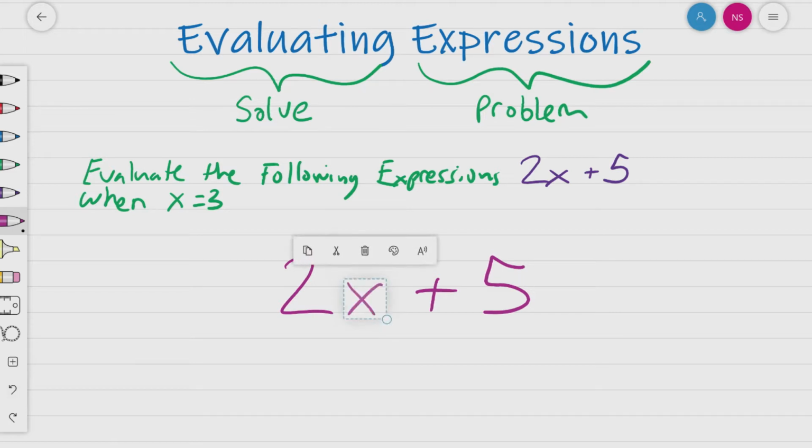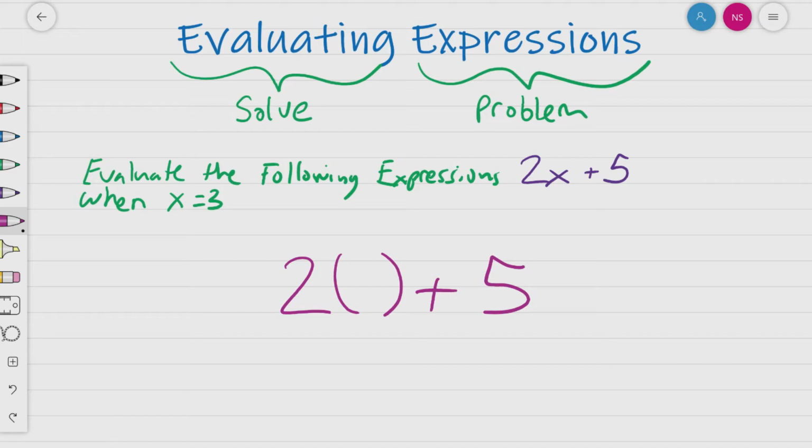If we go back, this is your very first rule you need to remember. When you go to substitute that x, let's do this instead. We can visually see. On your paper, you'll literally erase it. Before you substitute that letter with the value, what you must do first is substitute the letter with parentheses, all right?